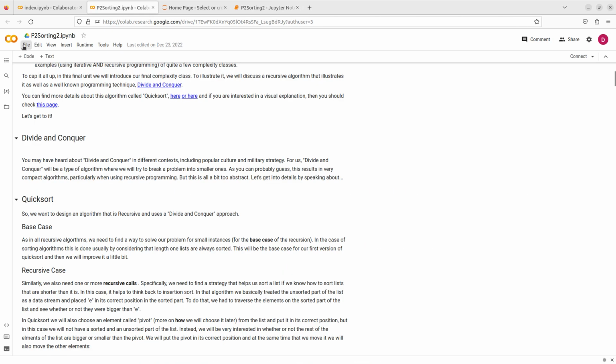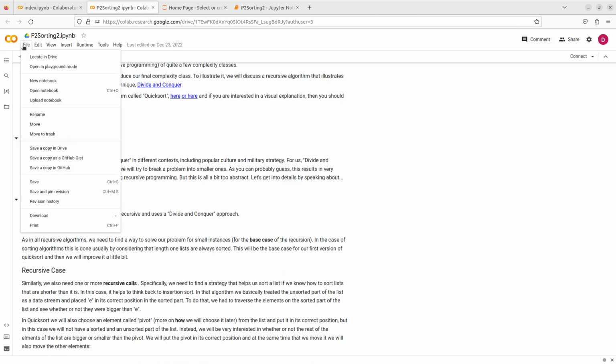Remember that you can do that by coming to File and then Download. I recommend downloading the Jupyter Notebook because the translation of this into a Python file is going to be a bit messy.